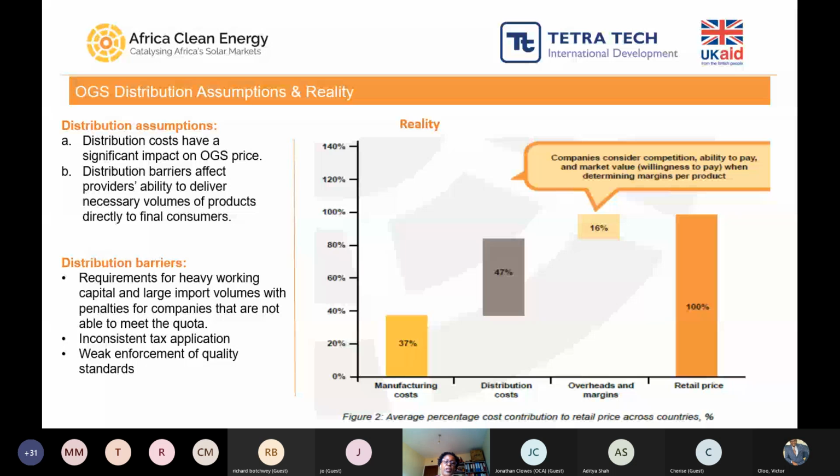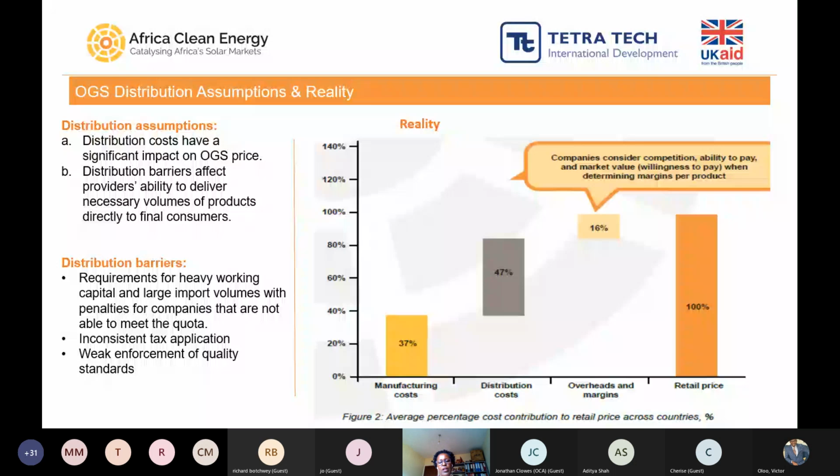We had several assumptions, and because the question was about affordability, we asked ourselves whether the distribution costs had a significant impact on the pricing of the products themselves. We also asked ourselves whether there were distribution barriers that impact the ability to deliver the necessary volumes of these products directly to final customers.